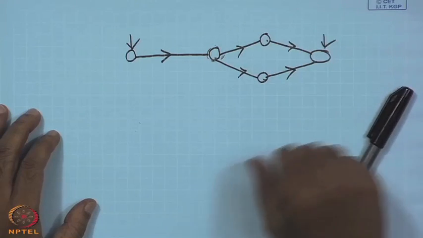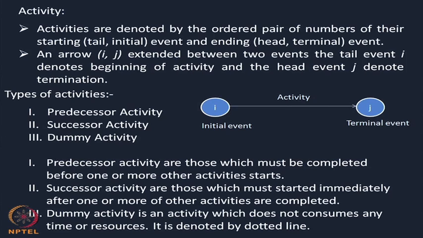Now, different types of activities are available, you see in the PPT. These are predecessor activity, successor activity, dummy activity. Now, what is a predecessor activity? Predecessor activities are those which must be completed before one or more other activities start. Before you start one activity, if some activities are there before that, those activities must be completed.